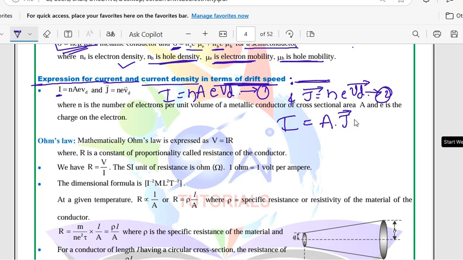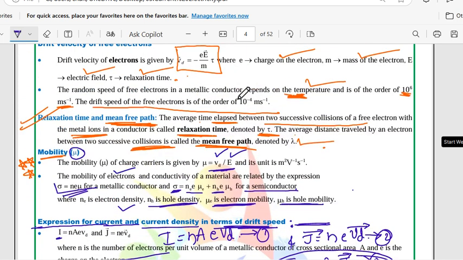Is it or not? This is the relation for current and current density in terms of drift speed, where N is the number of electrons per unit volume of a metallic conductor of cross-sectional area A, and E is the charge on the electron.